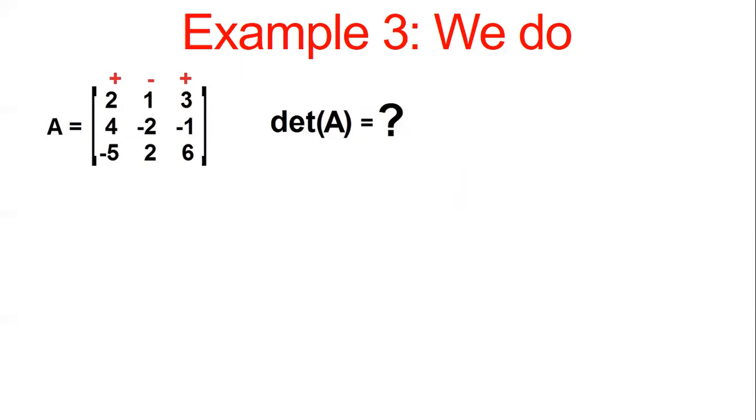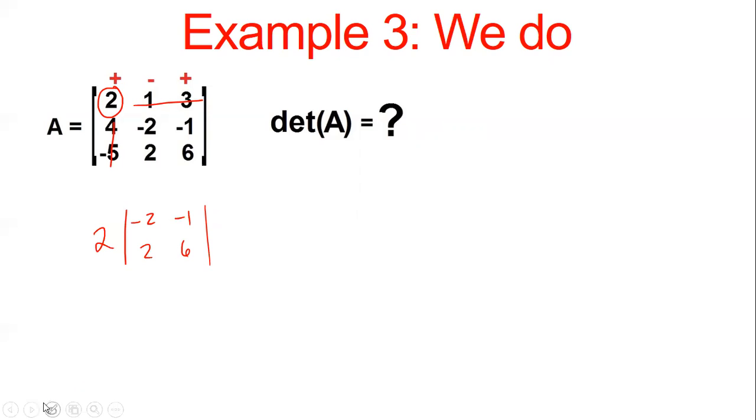Are you ready to set it up? All right. So we're going to start with the first element, which is 2. If I was to cover up the row and column that makes 2, what would be my minor matrix? -2, -1, 2, and 6. Agreed?